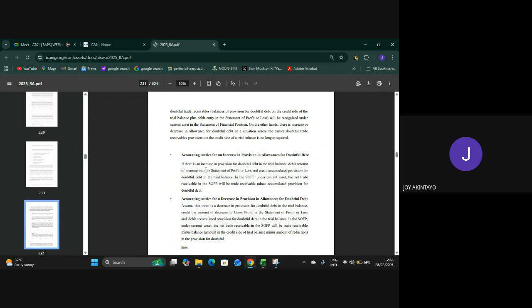If there is an increment in the provision for doubtful debts in the trial balance, debit the amount of increase in our statement of profit or loss, and credit the accumulated provision for doubtful debts.